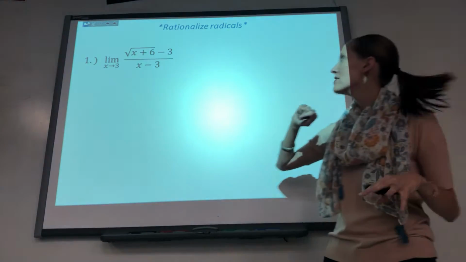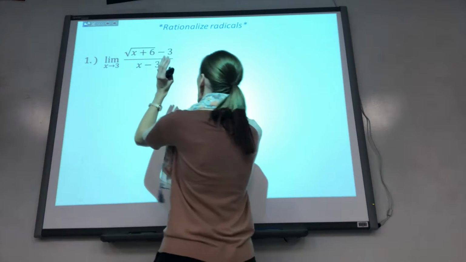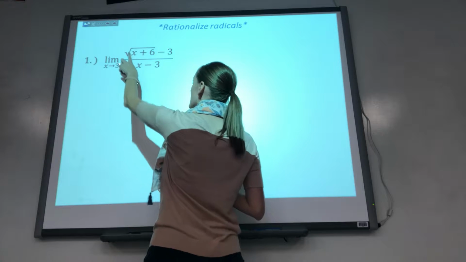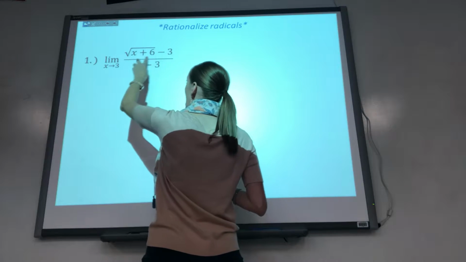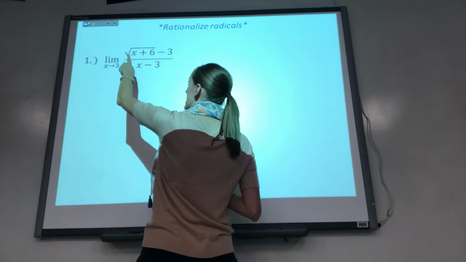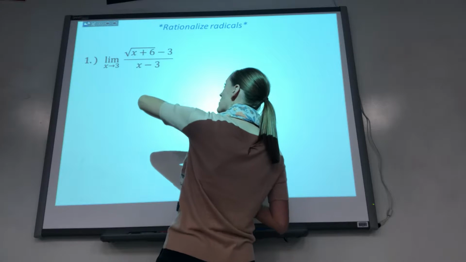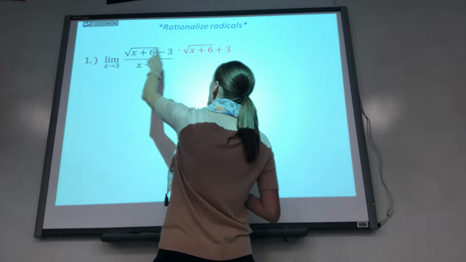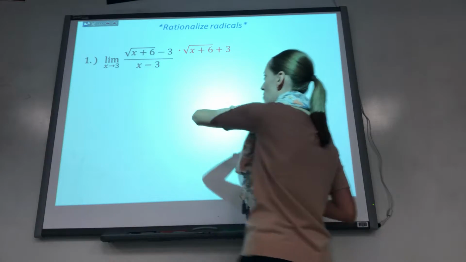Let me explain that a little bit better now that we actually have it in front of us. When you go to find the conjugate, you're finding the conjugate of the part that has the radical. So this is square root of x plus 6 minus 3. The conjugate of that is going to be square root of x plus 6 plus 3.